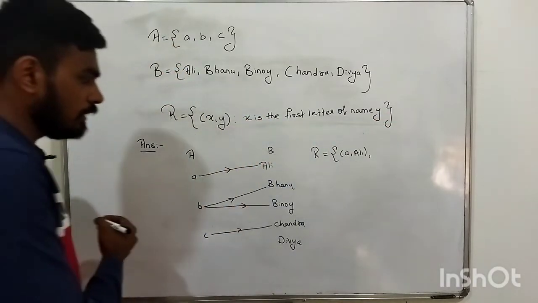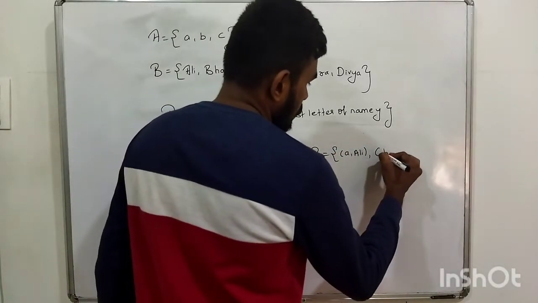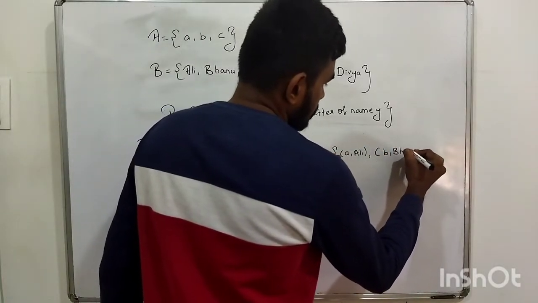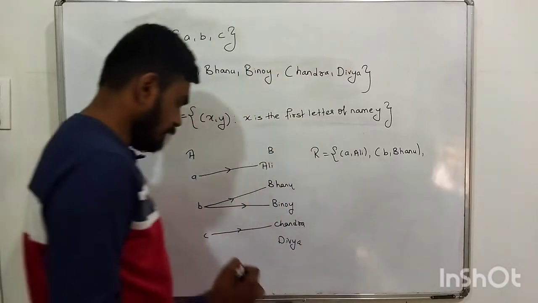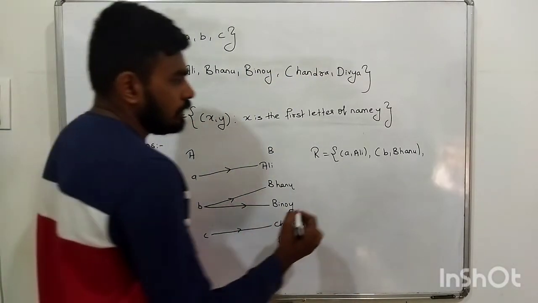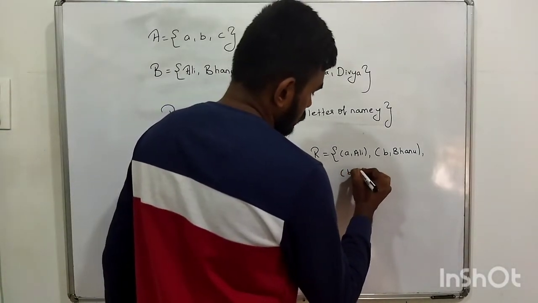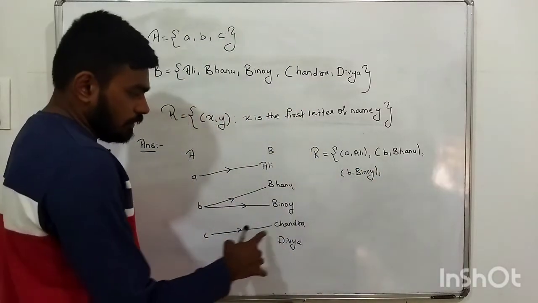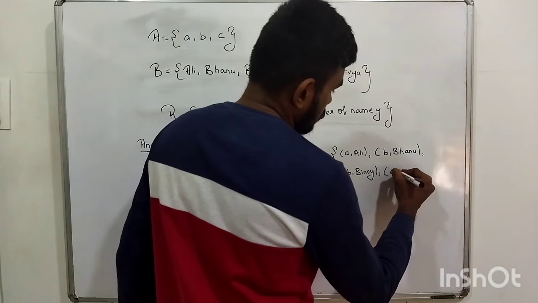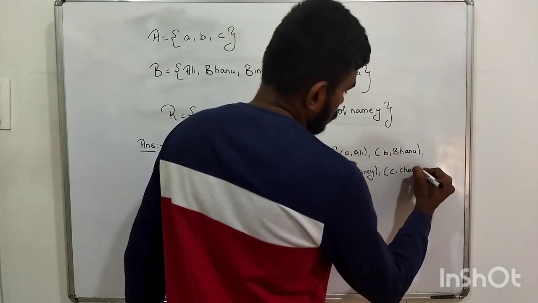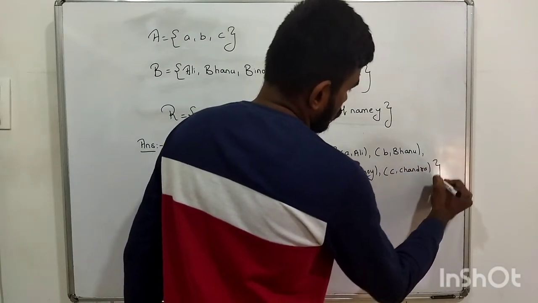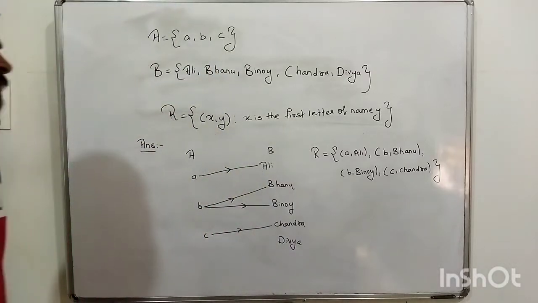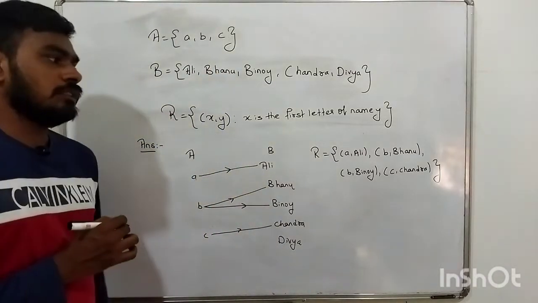So a comma Ali, then b comma Bhanu, then b comma Binoy, then c comma Chandra. So these are the elements.